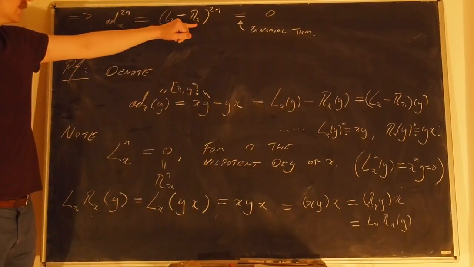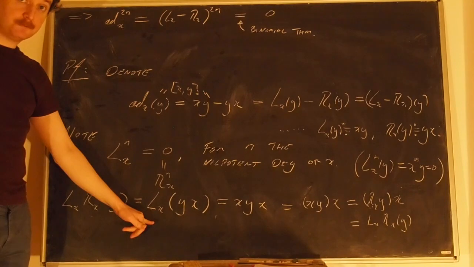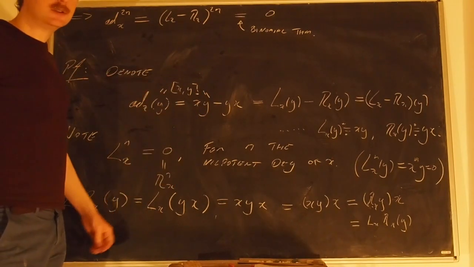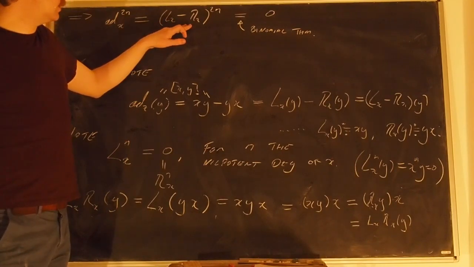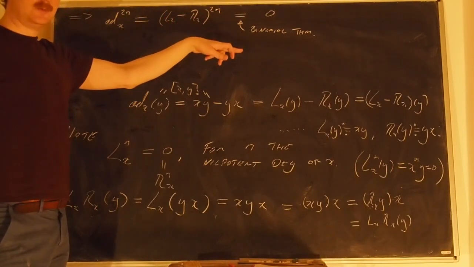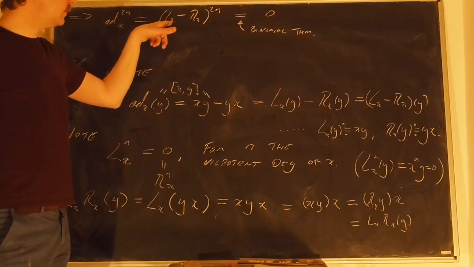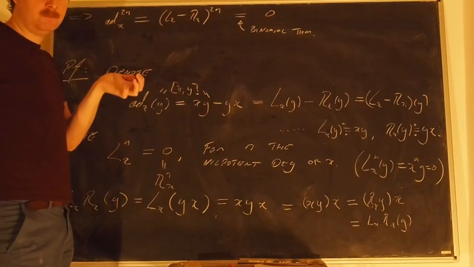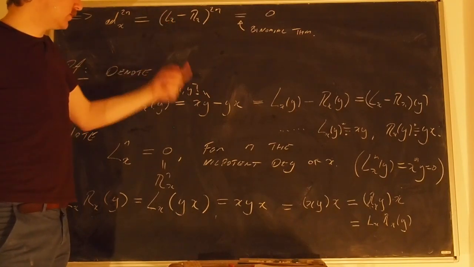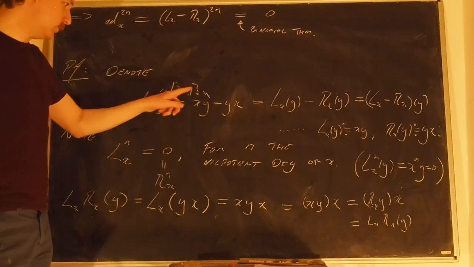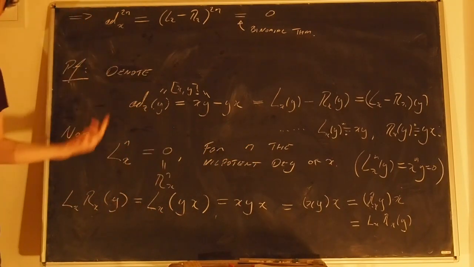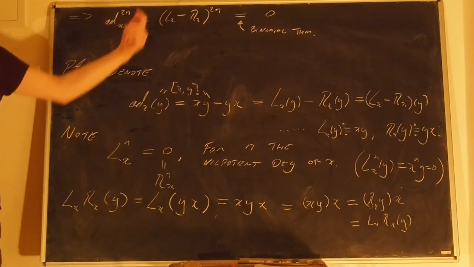You can just expand this because these things commute. You can just use the binomial theorem that you know from childhood, and then you'll see that in the expansion of the binomial theorem, every L of x or R of x will have a power n or higher, at least one. And then this thing is 0 by the assumption that the degree of x is equal to n, which comes from the assumption in the first place that it was nilpotent. So the whole thing is 0.